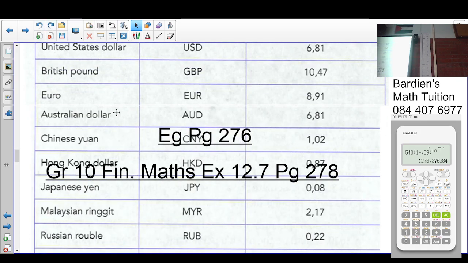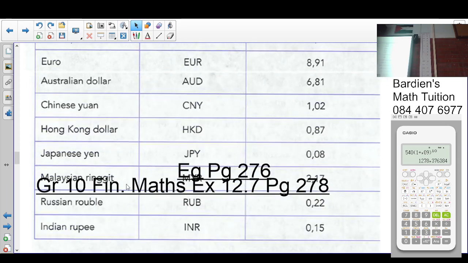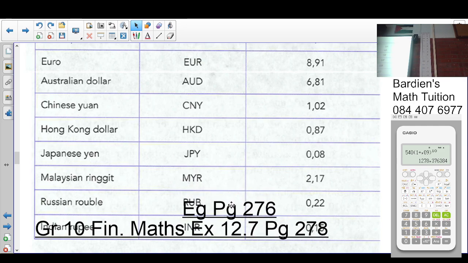Then we're looking at the Chinese yuan. There, 1 rand is 1.2 yuan. It's about the same. I don't know what it is currently. I think if we pay 1 rand, we will get more Chinese yuan. I could be wrong there.